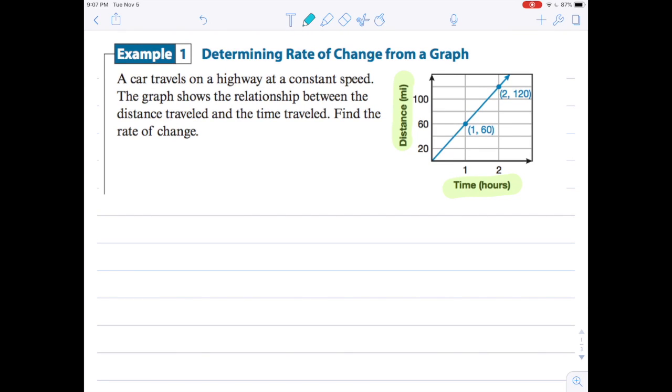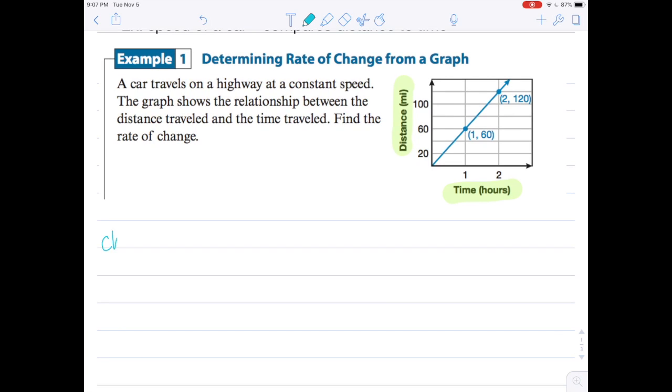So, for this case, the rate of change, we are comparing the change in distance. So let's write this down. Change in distance over the change in time, because that is the two different measurements that we are comparing.